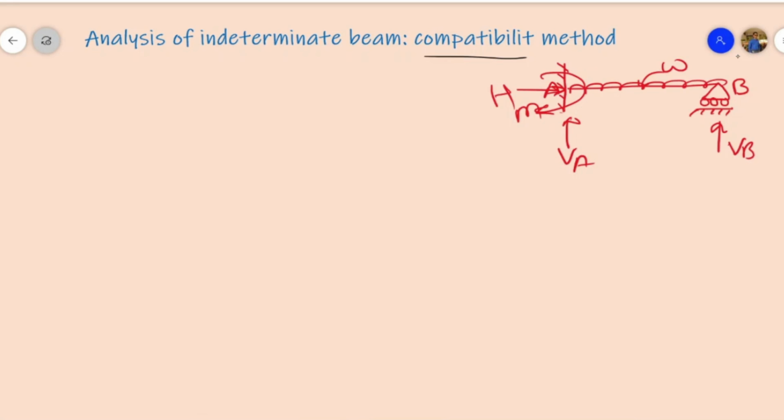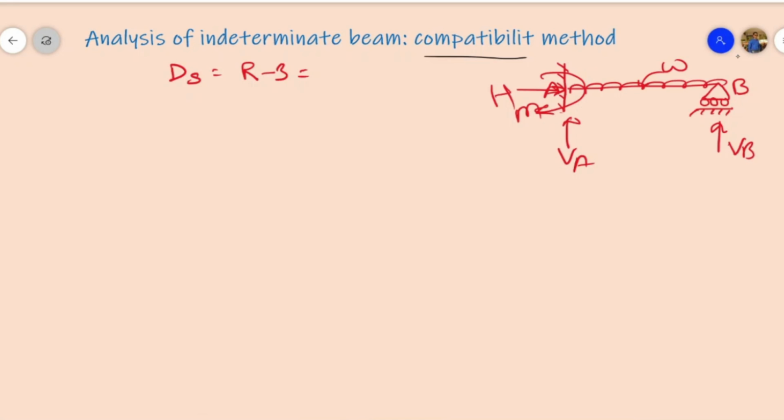If we see the degree of static indeterminacy for the beam, that is ds, it is equal to r minus 3. So r is how much here?